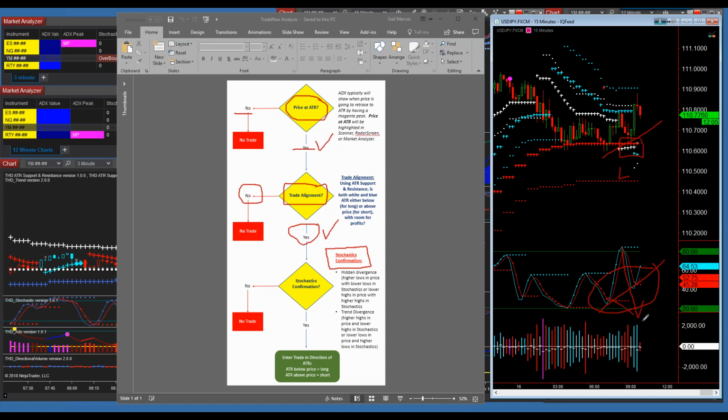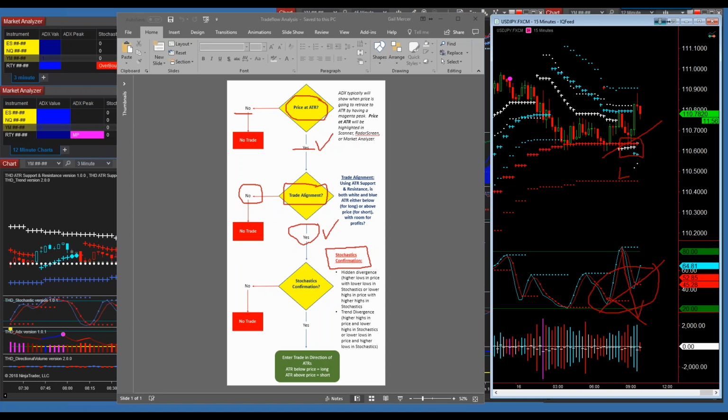In that case, you would have had hidden divergence. Again, it would be confirmation that the market was going to move up. Again, what direction would you enter? Well, the ATRs are below price, so that immediately identifies that you would have a long position.